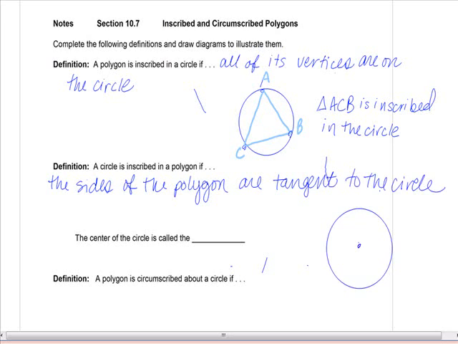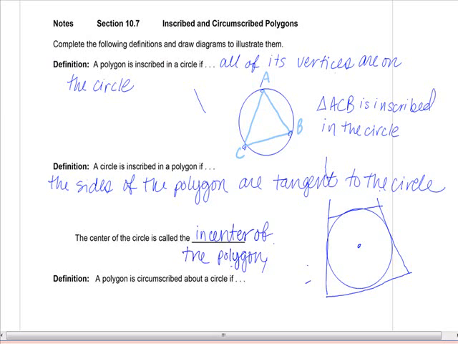And it's inscribed in a polygon. So I'm just going to choose to inscribe it in a quadrilateral. And hopefully it will work out. Okay? So all of these lines that I put around the circle are tangent to the circle. And when a circle is inscribed in a figure, the center of the circle is known as the incenter of the polygon.